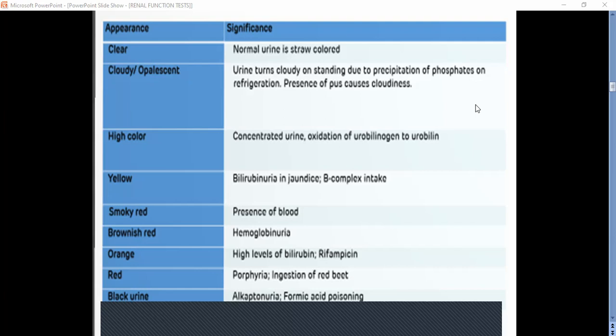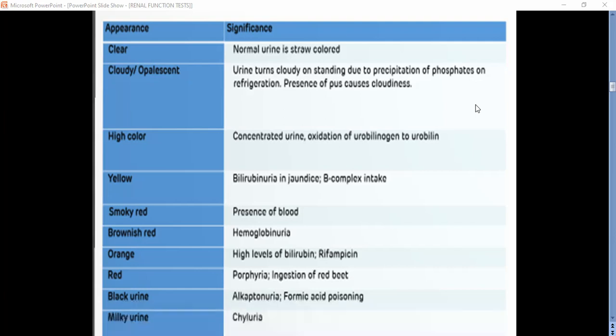High color, concentrated urine, is due to oxidation of urobilinogen to urobilin. If the urine has more color, that is due to urobilinogen. Stercobilinogen is released in feces, while urobilinogen is the compound released in urine. And yellow color indicates bilirubinemia and jaundice.